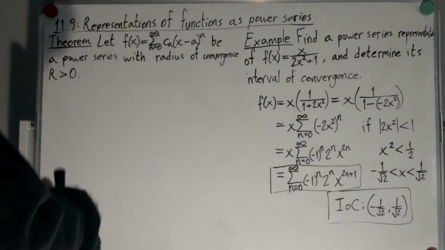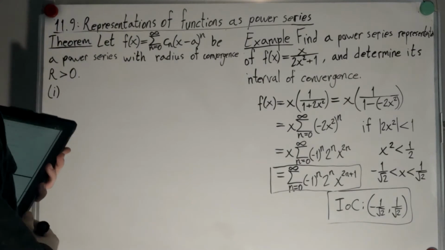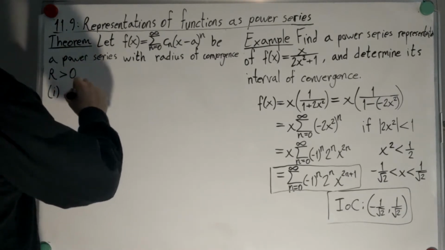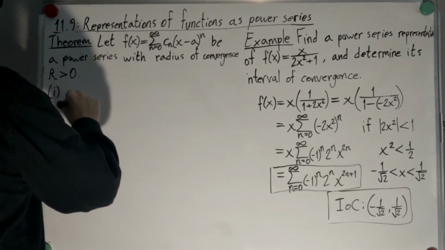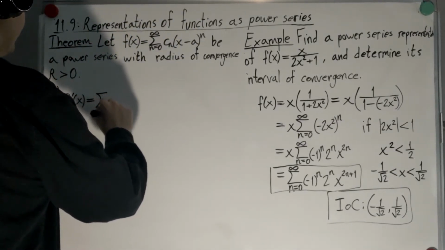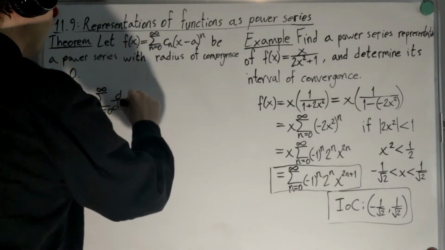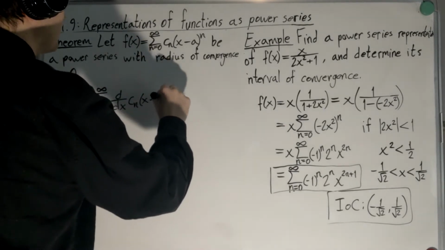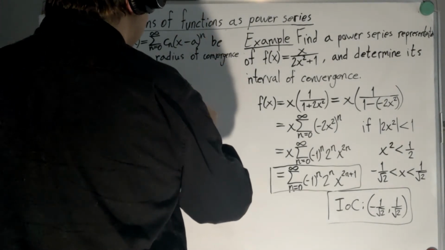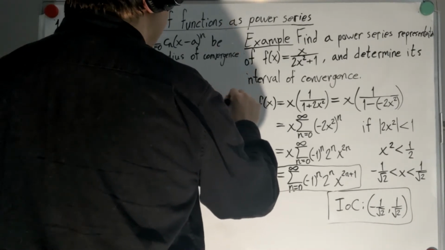The first part of this theorem just says that the function is differentiable on the open interval from a minus r to a plus r, and its derivative, well, if you want the derivative of this function, all you have to do is just take the derivative of each term. According to the power rule, that's just the same thing as the sum from n equals 0 to infinity of n Cn x minus a to the n minus 1.